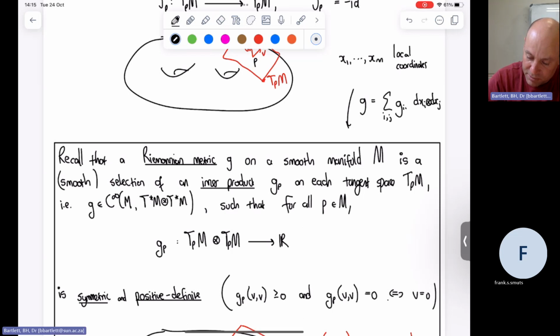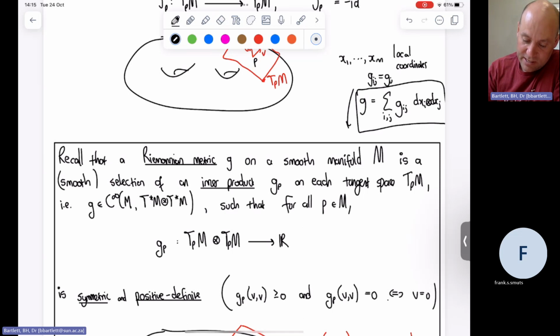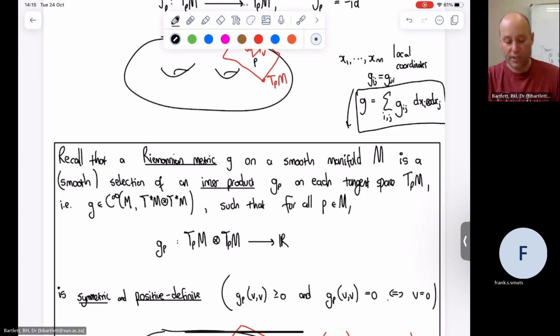So I can put little g subscript rj's there in front. So that's what a metric looks like locally. And these here are smooth functions on the manifold. Not arbitrary smooth functions because they need to be symmetric. So g_rj must equal g_ji. And also, as a matrix, it needs to be positive definite. Okay.